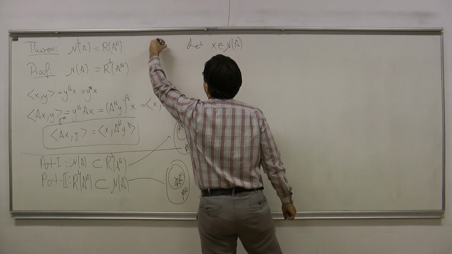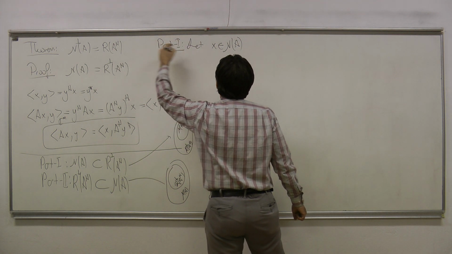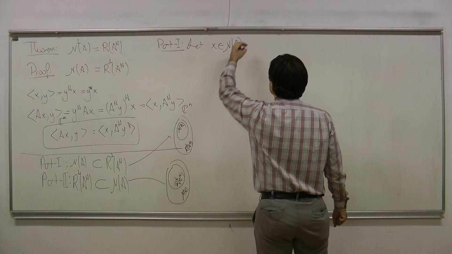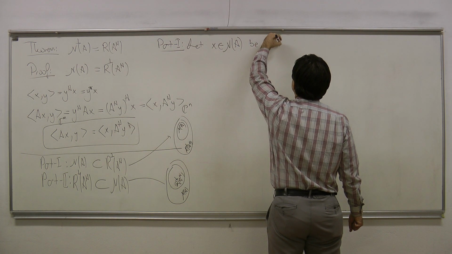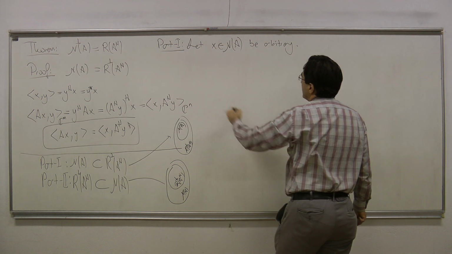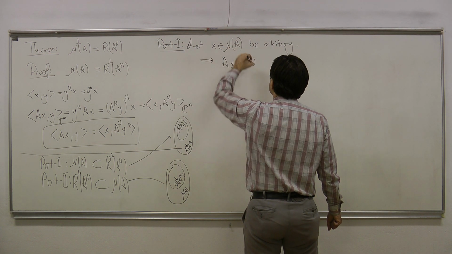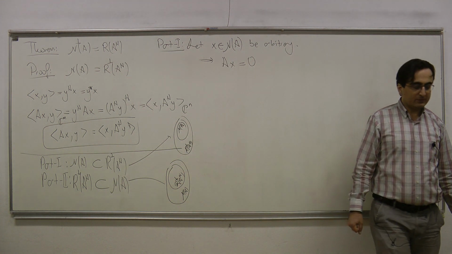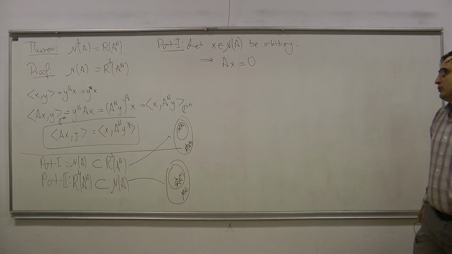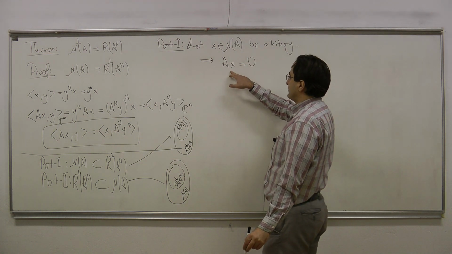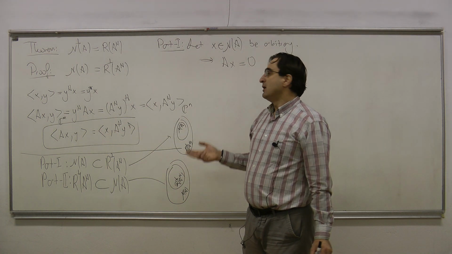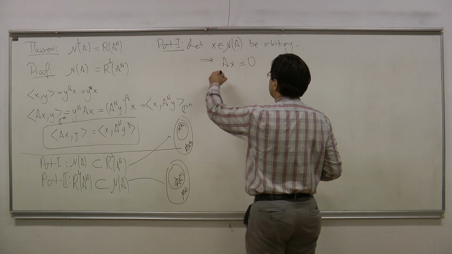So this is part one. Let X be an element of null space of A be arbitrary. Okay? So that means that A times X is equal to 0. So now A times X is a vector in Cm, and this is the 0 vector.